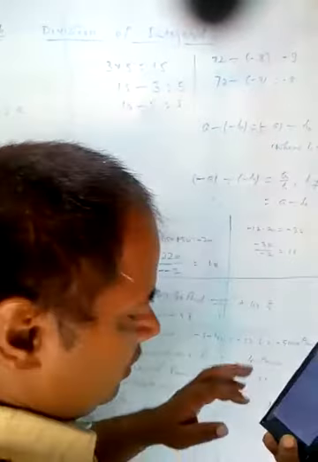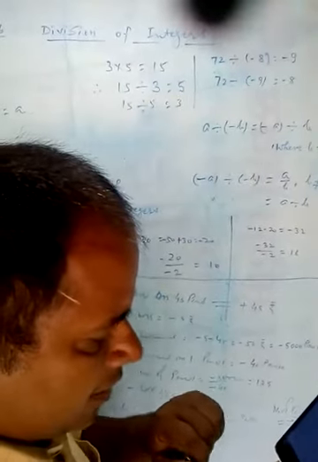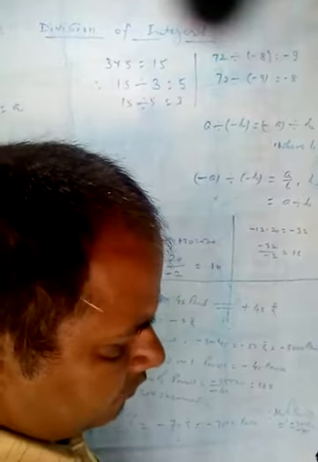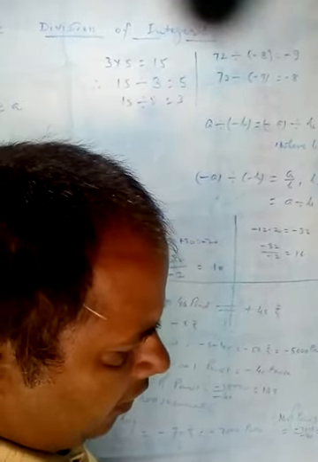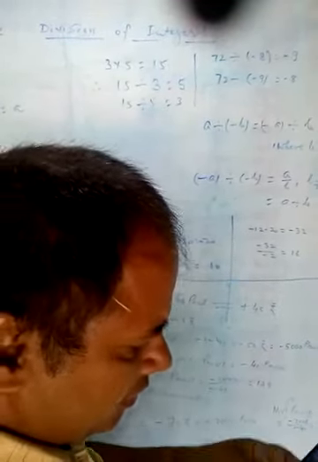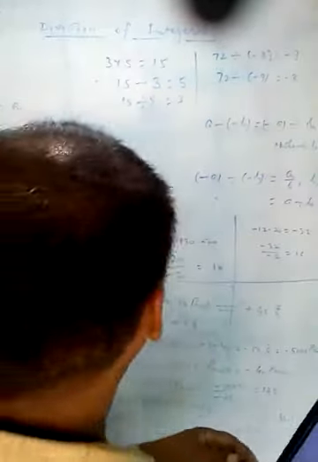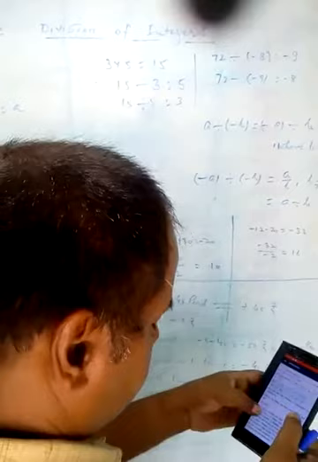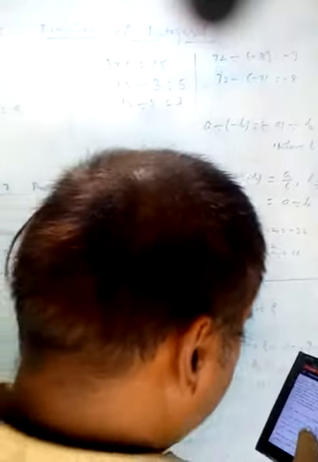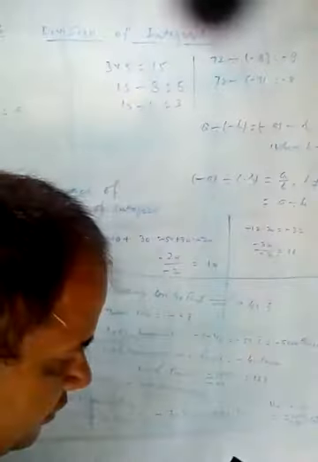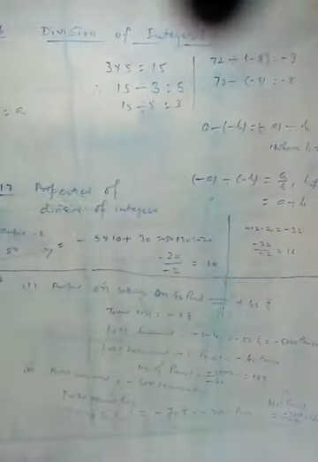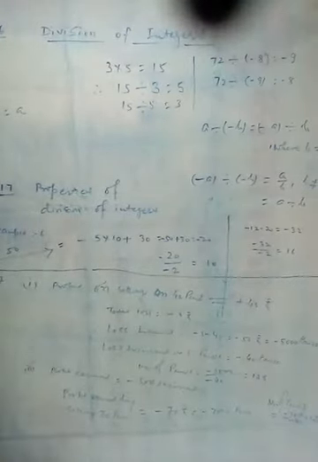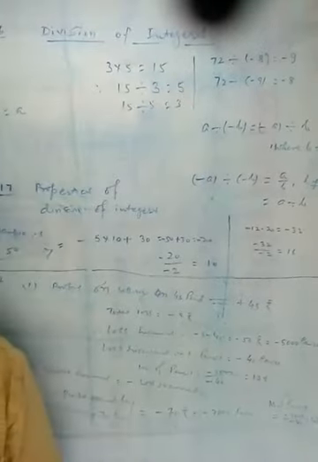But the first part is saying Radhika answered and scored 30 marks. That means marks given for one correct answer is 5, and marks given to 10 correct answers is equal to 50.